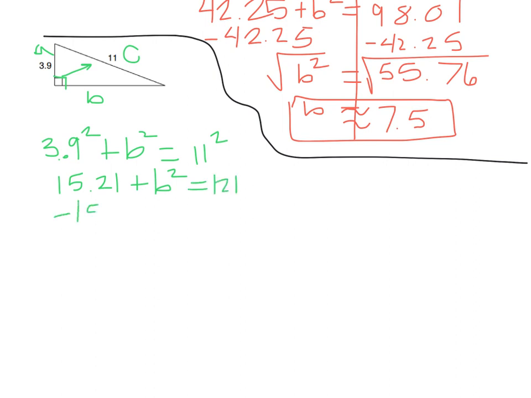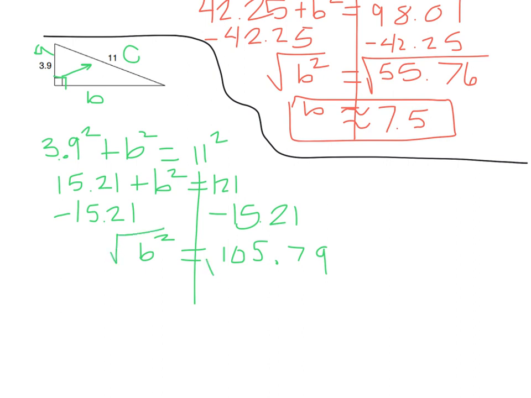Subtract 15.21 from both sides, and we're left with B squared equals 105.79. And then we square root to get rid of the squaring, and B is about 10.3.